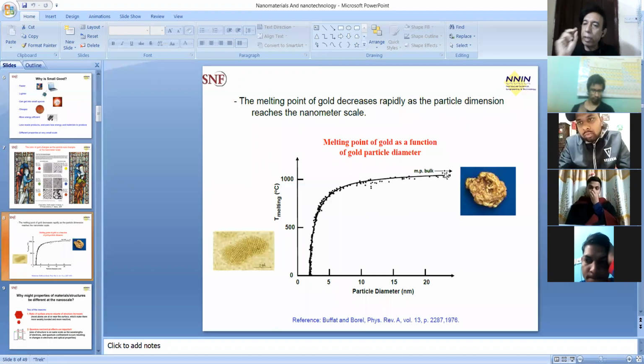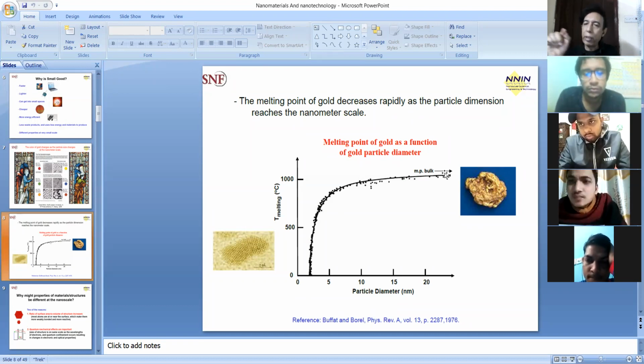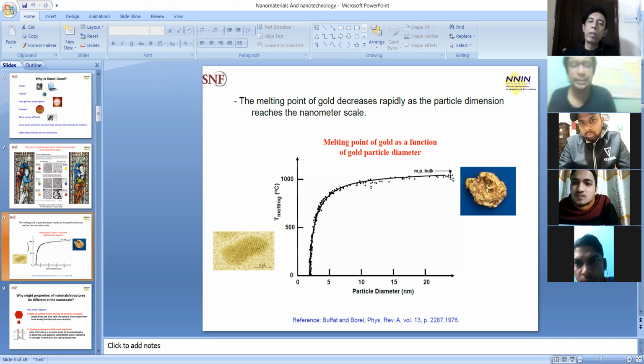Mind it, it is not the diameter of a gold atom. Particle diameter means you have taken, say, 100 gold atoms, and the diameter of those 100 gold atoms is that particle diameter. Now, if the particle diameter is 30 nanometer, then its melting point is 1000 degrees centigrade, for example.